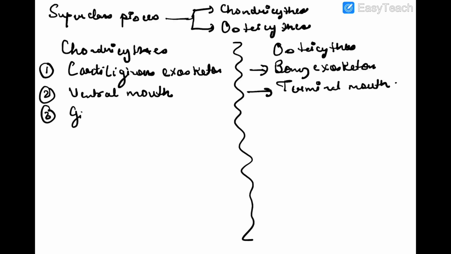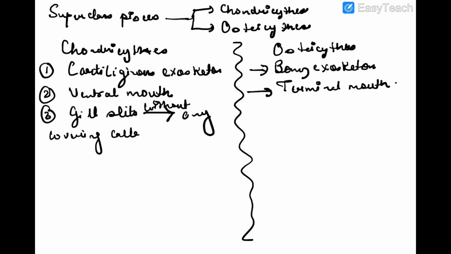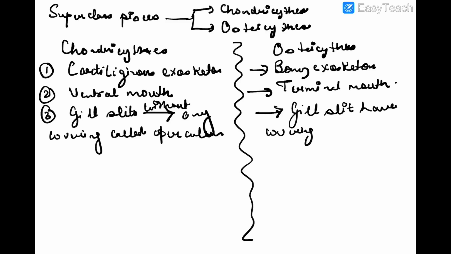Chondrichthyes have gill slits without any covering, whereas in bony fishes, or Osteichthyes, gill slits have a covering which is known as the operculum.